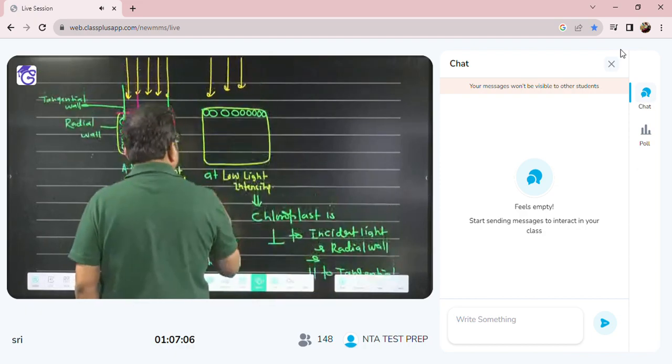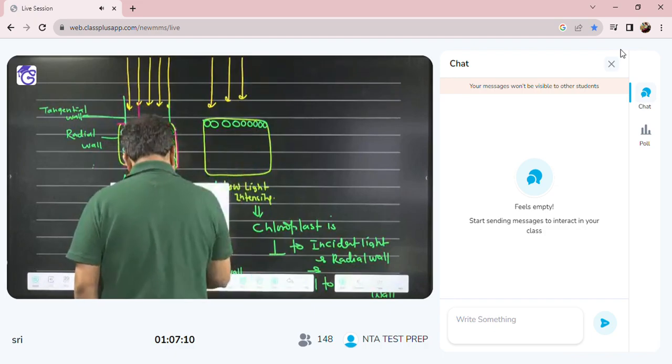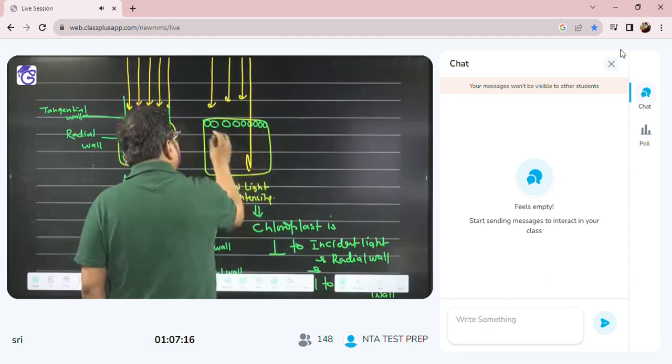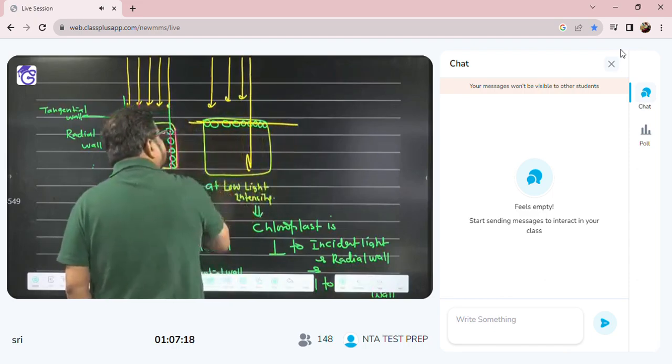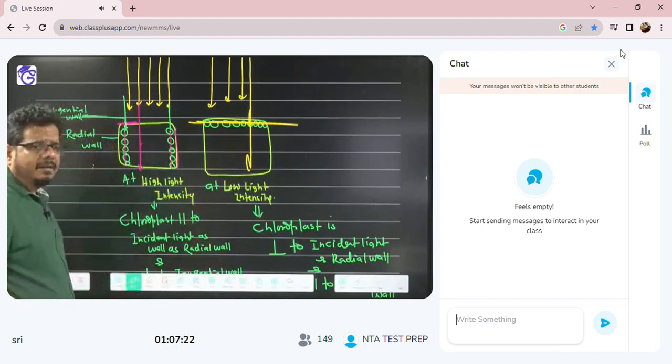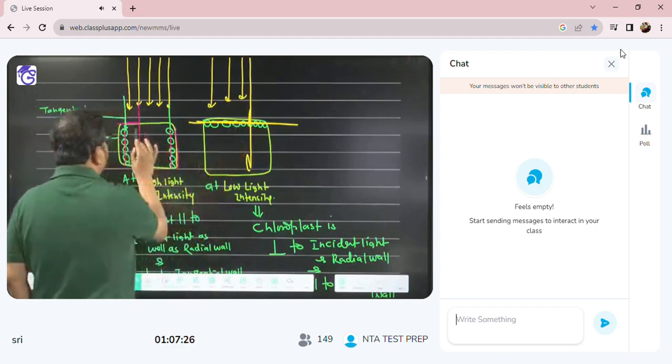So here they absorb more light, because light is coming in this direction and the chloroplast is arranged in this direction. So which kind of angle is there? You see, a 90-degree angle. Understanding the idea or not? So here they will absorb more light, and there they will absorb less light.